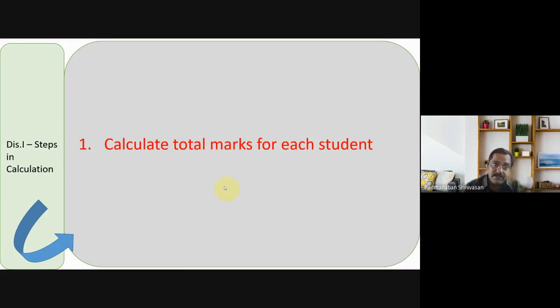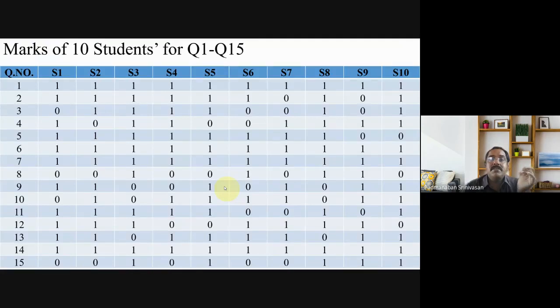Calculate the total mark, the first step. We have taken 10 students now. Here are question numbers 1, 2, 3, 4. Student 1 got 1 mark in the first question, 1 mark for the second question, 0 marks for the third question. This is student 1, this is student 2, this is student 3, like that.